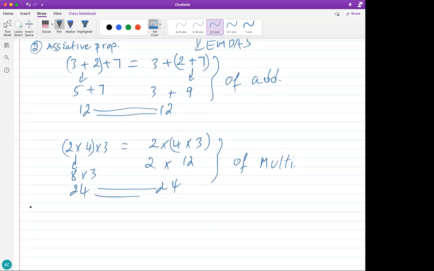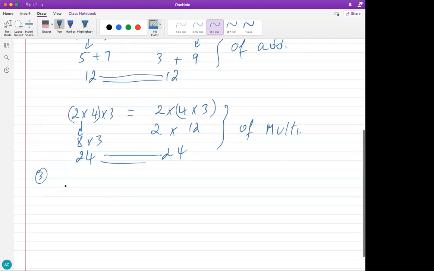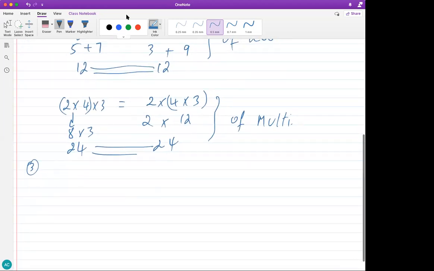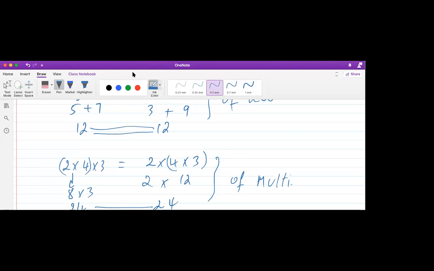Let's do another one. Number 3 is called the identity property.